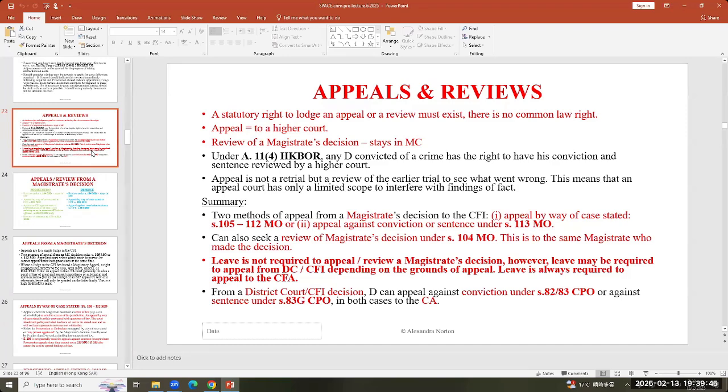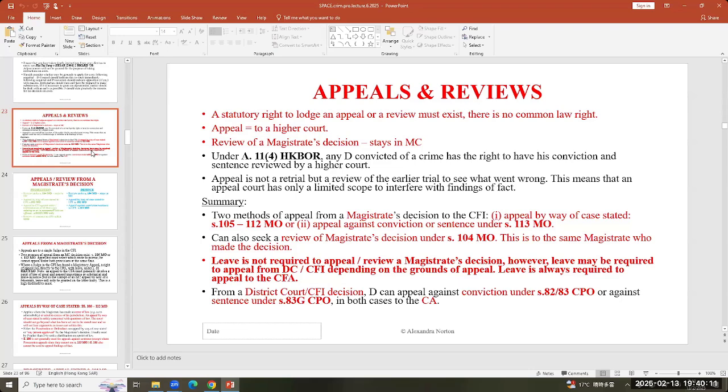Okay, let's get to appeal then. There has to be a statutory basis to appeal or to apply for a review. It isn't a right that exists at common law. We do know from Article 11 of the Bill of Rights that the defendant has a right to appeal his conviction and sentence.